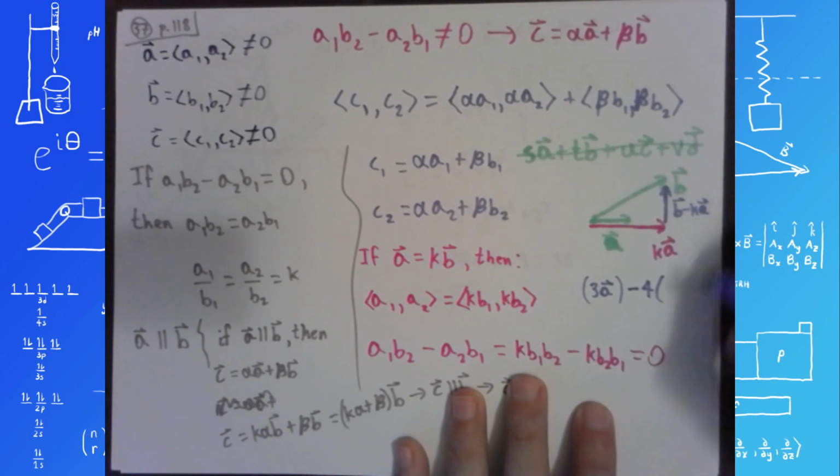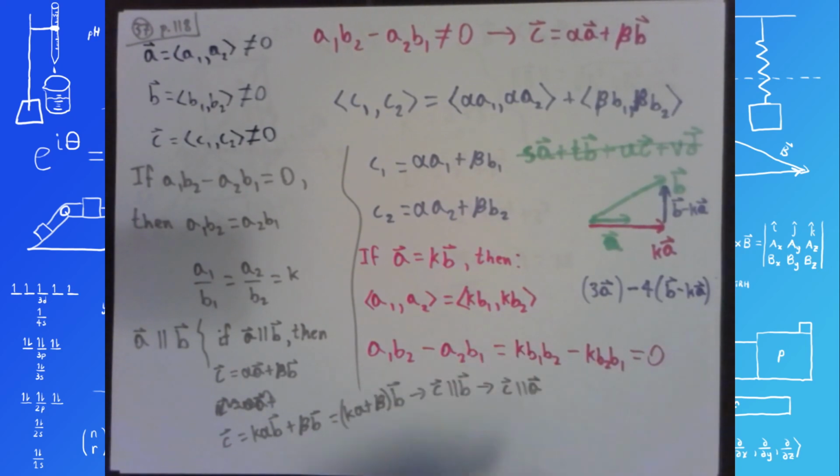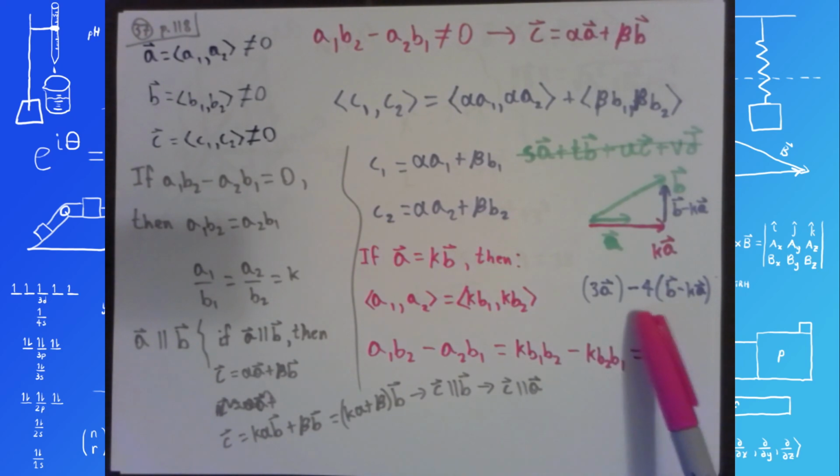And this was b minus ka, whatever k happens to be. And the 3 and the 4 are numbers that you can adjust so that you can precisely control exactly the magnitude of each of those components and the direction, depending on whether you add on a negative or not.